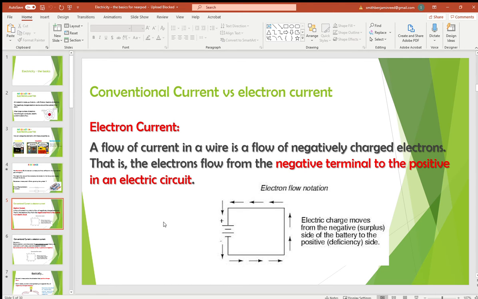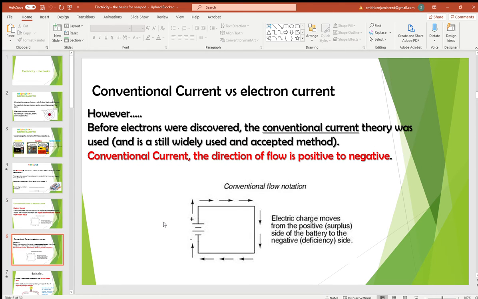However, conventional current, this was before we understood electrons, was deemed to flow from positive to negative. So people thought that the positive charge was flowing into the negative side.